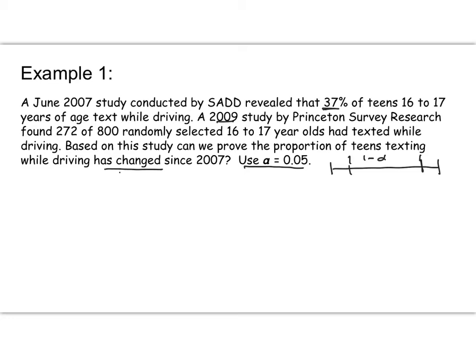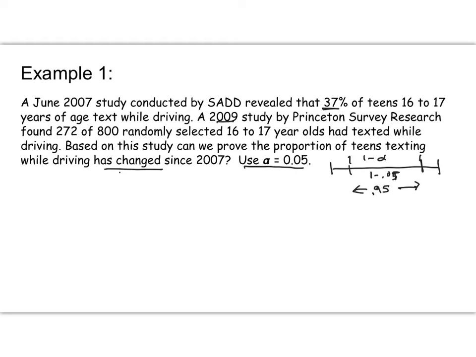So if alpha is 0.05, 1 minus 0.05 is 95%. So that's the region here. Depending on which tail we're looking at, it'll depend on what we do for our z-score.